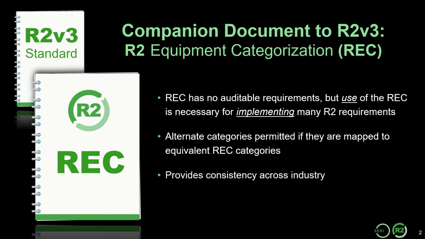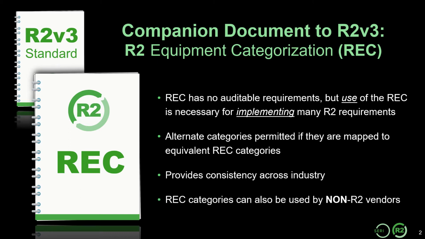The standardized categories in the REC will provide more consistency across the industry and make it easier for facilities, as well as DSVs and customers, to accurately communicate the status of electronic equipment, components, and materials. REC categories can also be used by non-R2 recyclers to enhance the consistency of identification throughout the reuse recycling chain.